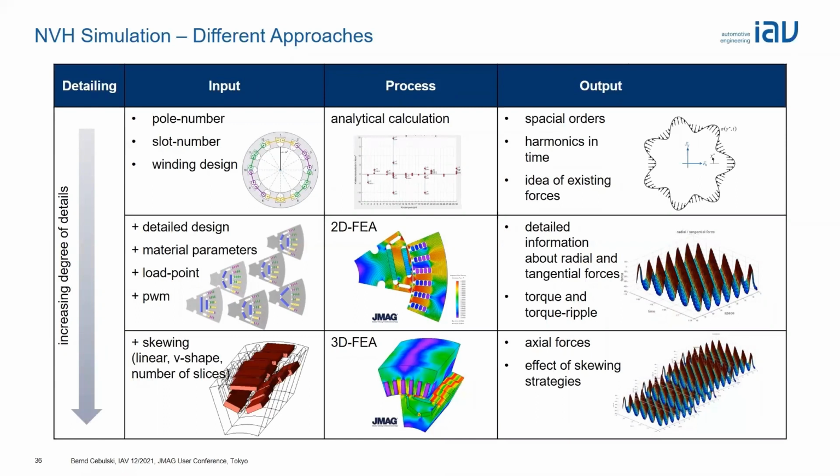We are also able to validate this by a specific measurement chamber, a noise isolated measurement chamber with a microphone matrix. And yeah, this is quite comprehensive calculation, but as you know, the EV should be running very smooth. You don't have the combustion engine anymore, so you have to take care about the noise.